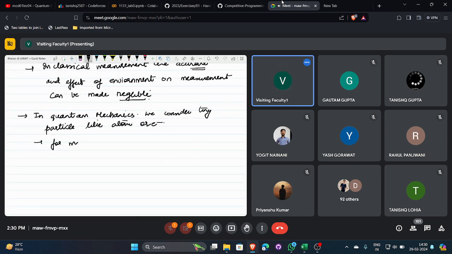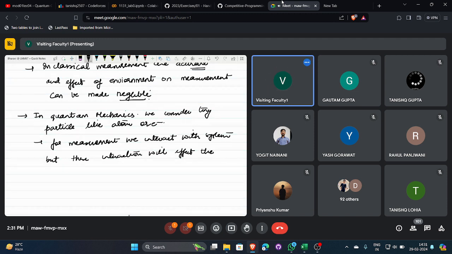For measurement, we interact with the system, but these interactions will affect the measurement.